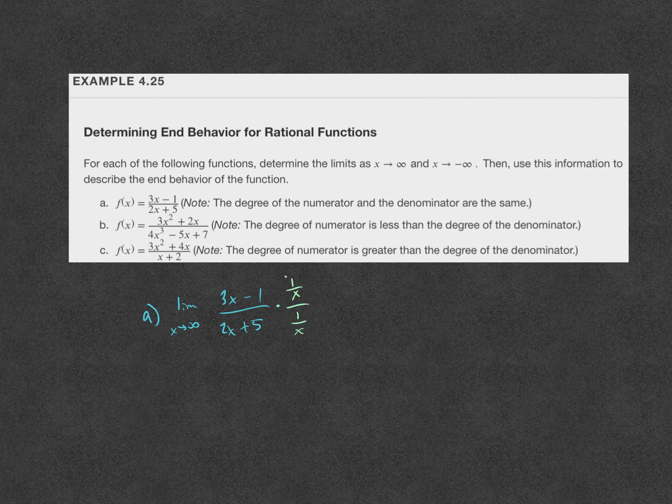And what happens there, that distributes to all four of those terms. So what do we get? Limit as x approaches positive infinity. The 3x, the x's cancel. 1 times 1 over x is 1 over x. 2x times 1 over x, the x's cancel. 5 times 1 over x is 5 over x.